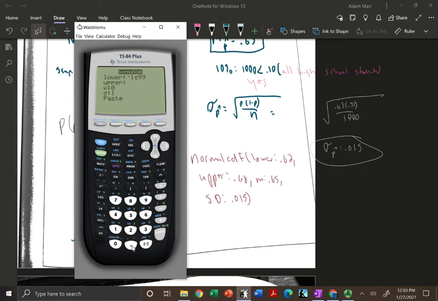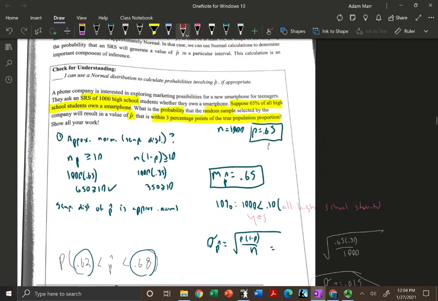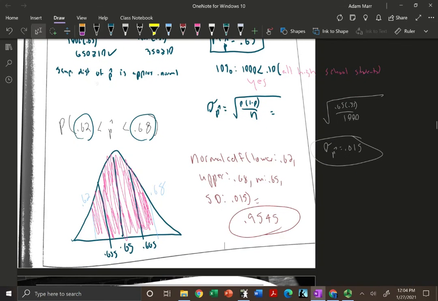So we're going to say right here our lower is 0.62, my upper is 0.68, my mean is 0.65, and my standard deviation is 0.015. Enter, enter, enter. There we go, 0.9545 if I round it. That's it. So the probability right here that it's within 3 percentage points of the population proportion is 0.9545.